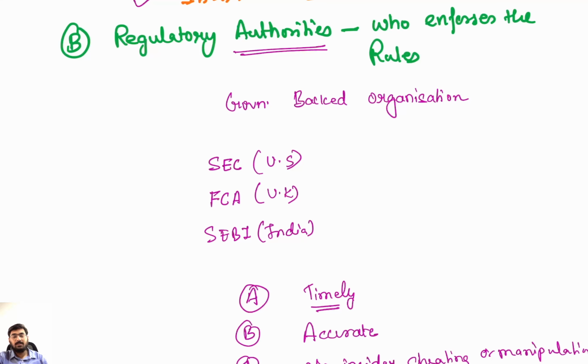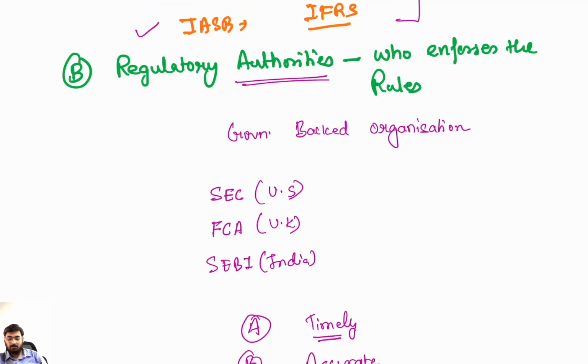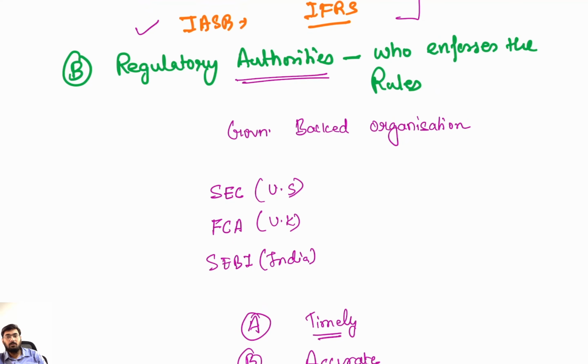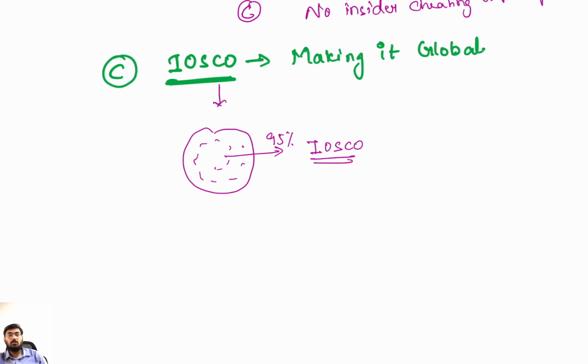Clear? So it is not set up by the government. Regulatory authorities are backed by the government, but IOSCO is not backed by the government. This is the difference.